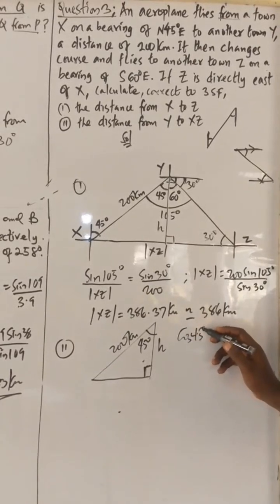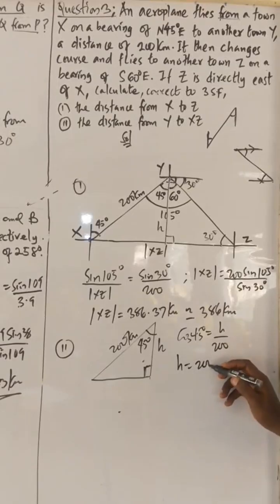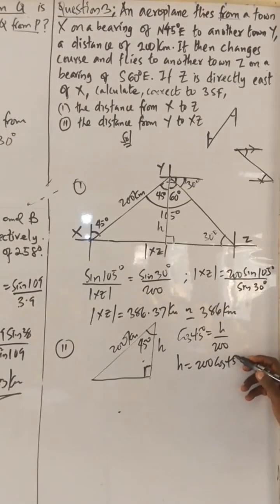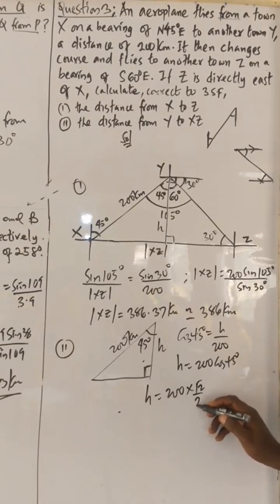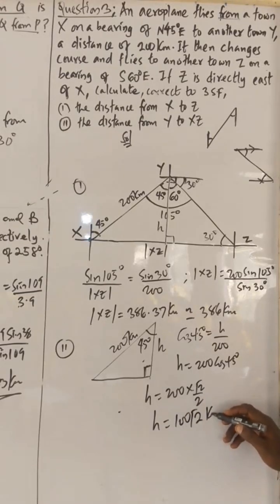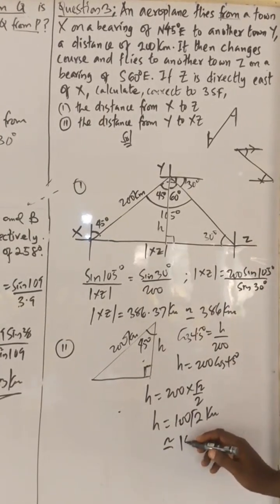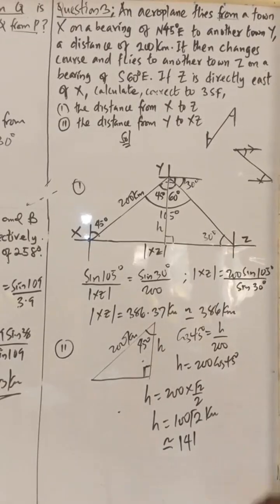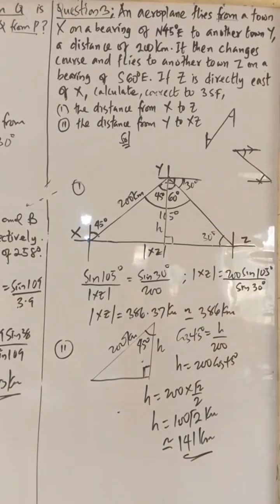Cos 45 is adjacent over hypotenuse. From here, h equals 200 cos 45 degrees. Cos 45 is root 2 over 2. So h is 100 root 2 kilometers, to 3 SF. And that is the answer to question 3.